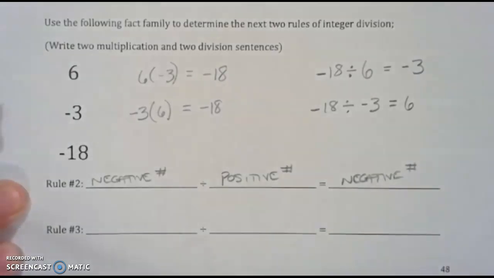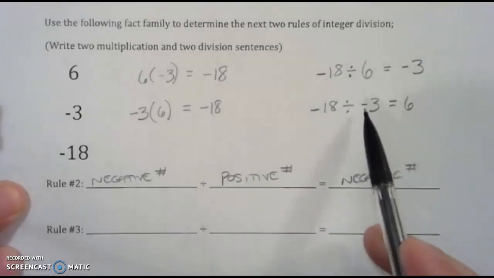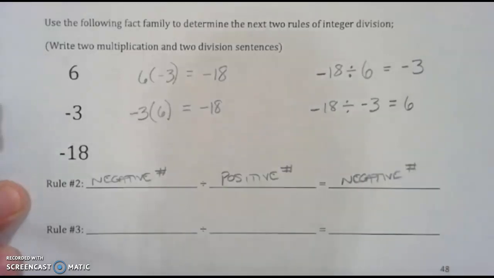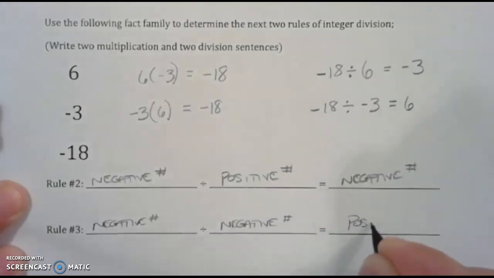Okay, so that's rule number 2. Rule number 3, if I look at the bottom division fact here, I see that a negative divided by a negative is equal to a positive number. A negative number divided by another negative number is going to give us a positive number.